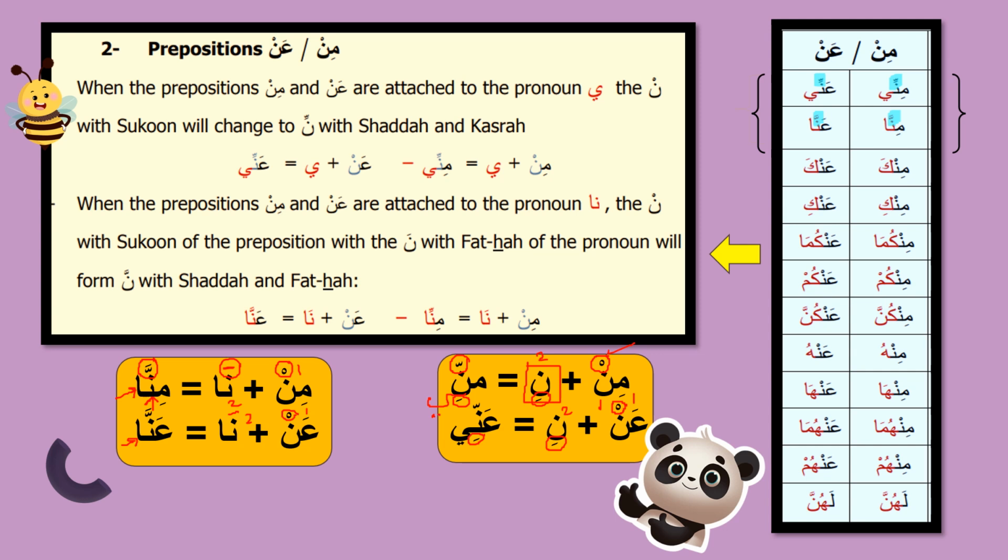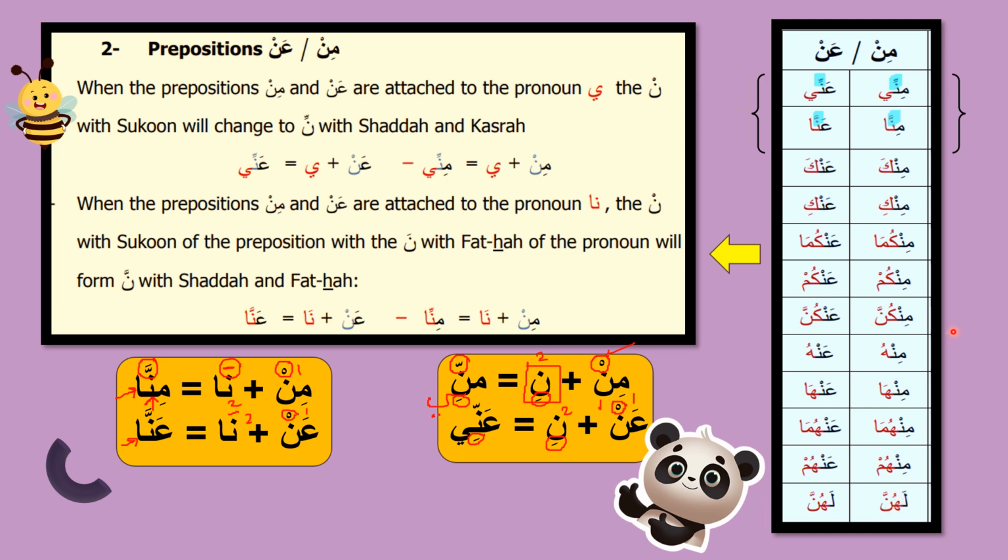And with the remaining pronouns, it doesn't attach with the shadda, it remains the same. Min with sukoon remains the same. The structure of min will remain the same with all the pronouns from ka, ki, kuma, kum, kunna, hu, ha, huma, hum, and hunna.